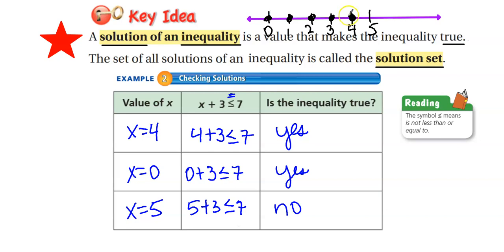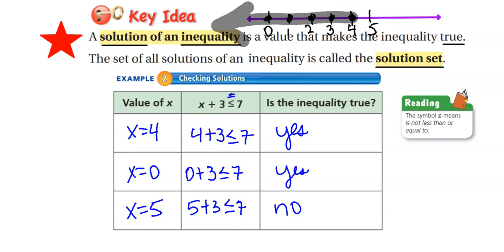So you might see that what it looks like is I should probably just draw an arrow, right, going off to the left, and 4 is the last whole number, right, that makes this true.